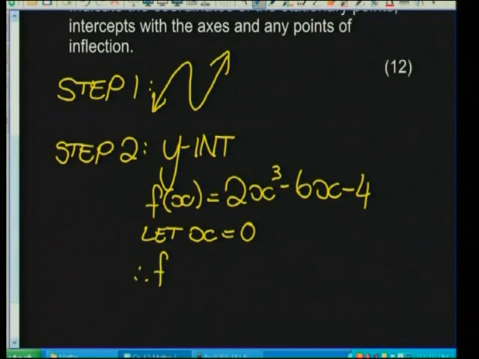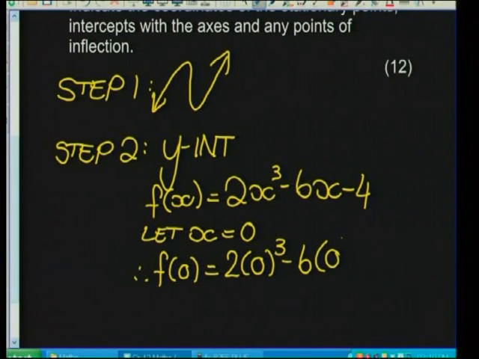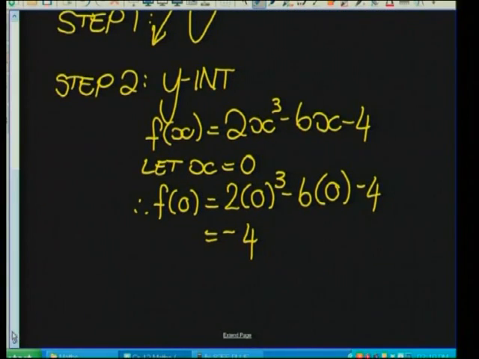Therefore f(0) = 2(0)³ − 6(0) − 4, and we land up with a y-intercept of −4.